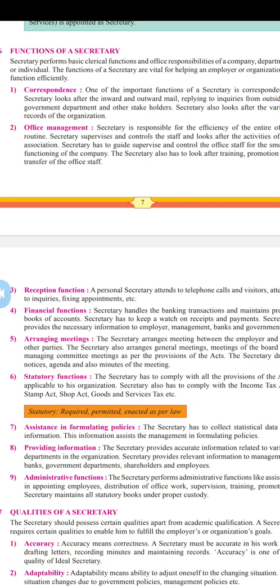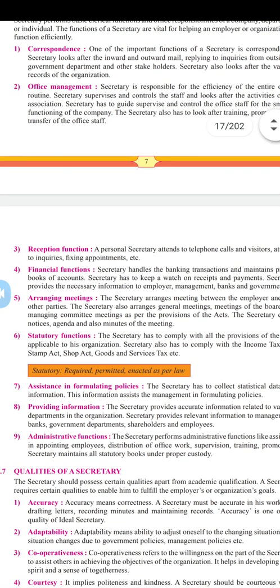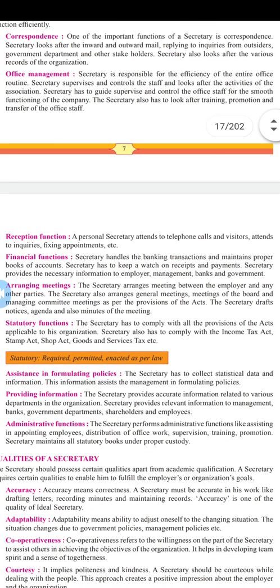Then fourth, that is financial function. Secretary handles the banking transactions and maintains the proper books of accounts. Secretary has to keep a watch on receipts and payments. Secretary provides the necessary information to employer, management, bank, and government because he knows each and every transaction in the organization.